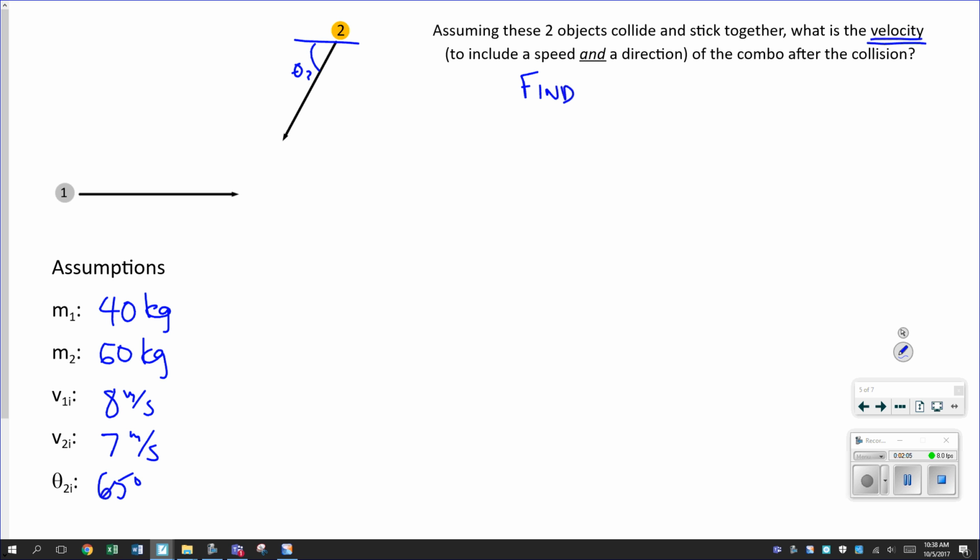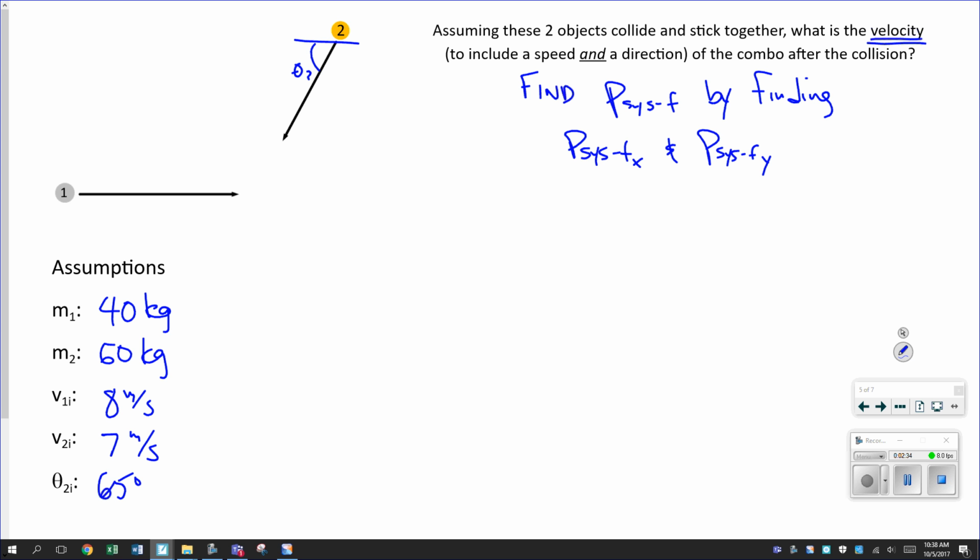So we need to find P system final by finding P sys final x and P sys final y. If we know the components of the final momentum, then finding the total final momentum isn't too bad of an operation. So how do we find these components of the final answer?